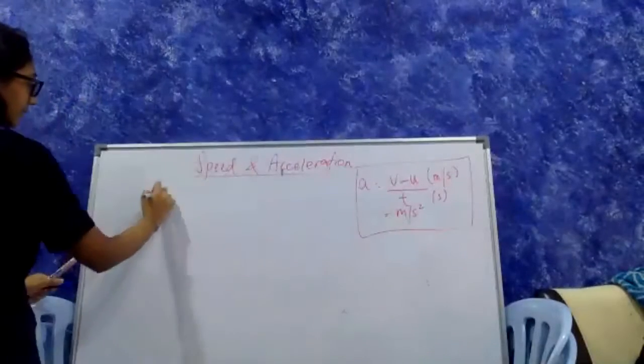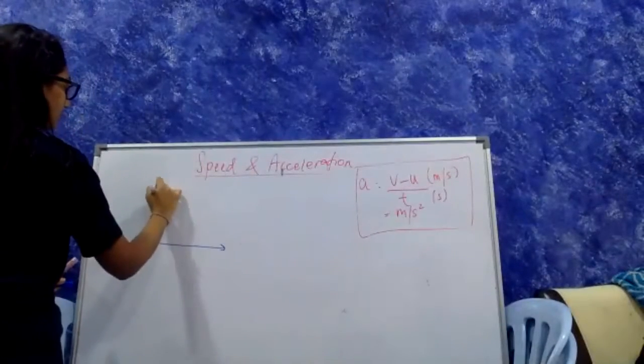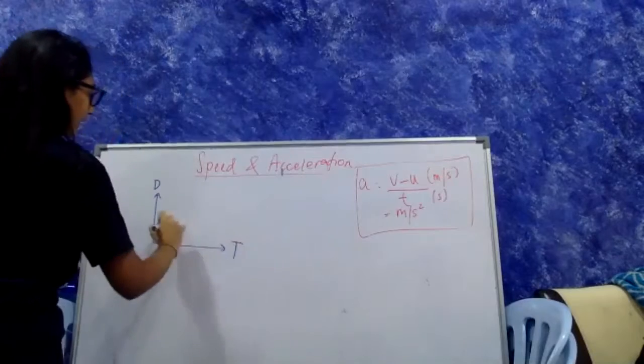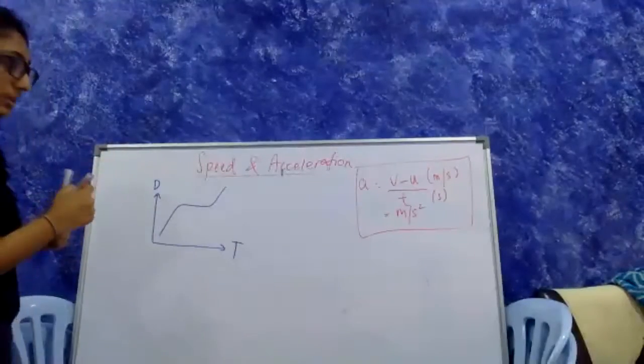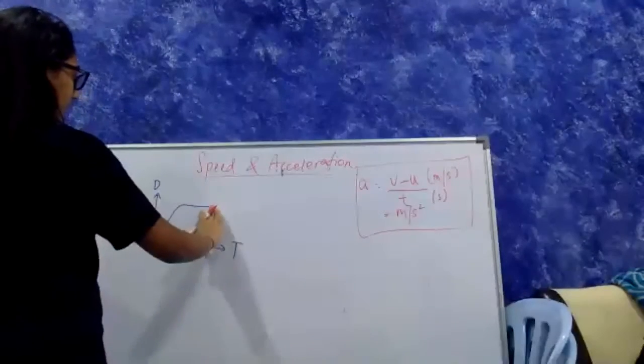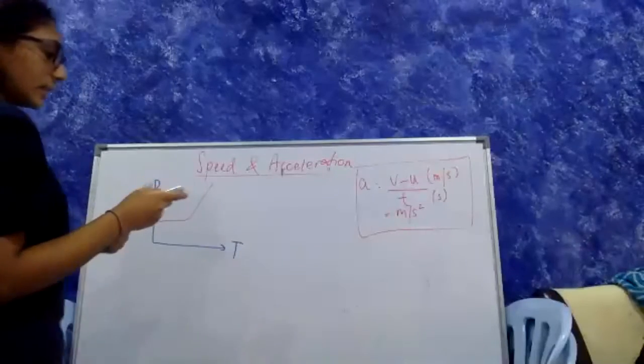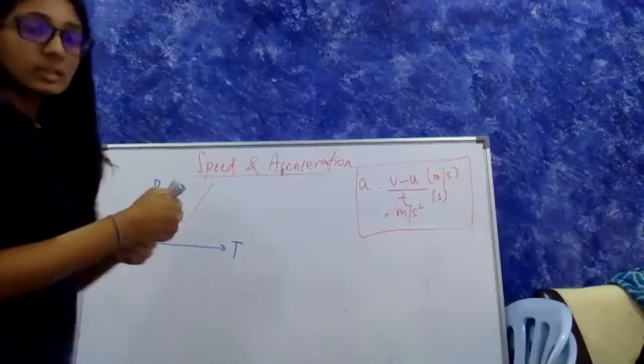Okay, so just now, when we had distance over time and I have a line, how do I find the speed? Find the gradient. I do the gradient.